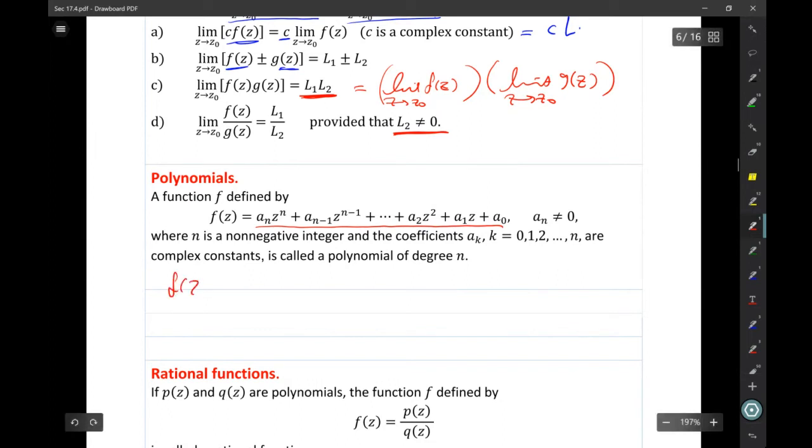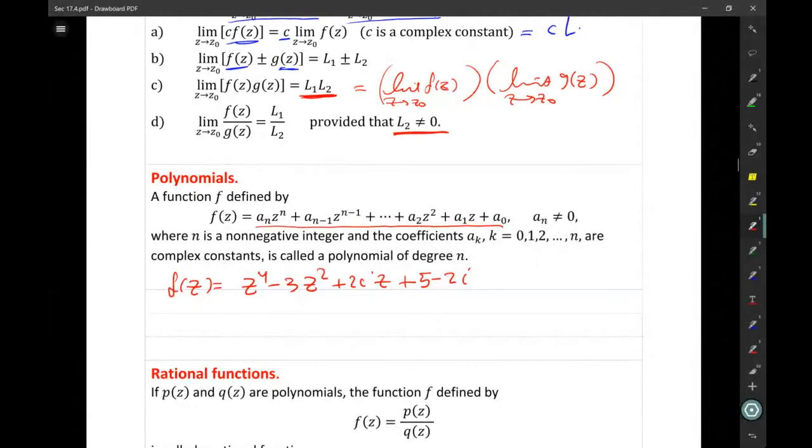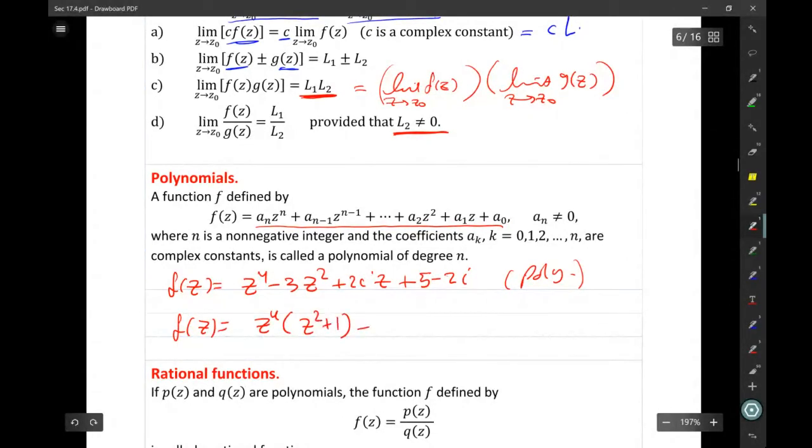For example, when we have f of z equal to z to the power 4 minus 3z squared plus 2iz plus 5 minus 2i, this is a polynomial of complex numbers. Or if we take f of z, for example, z to the power 4 plus i z squared, this is also a polynomial of complex numbers.